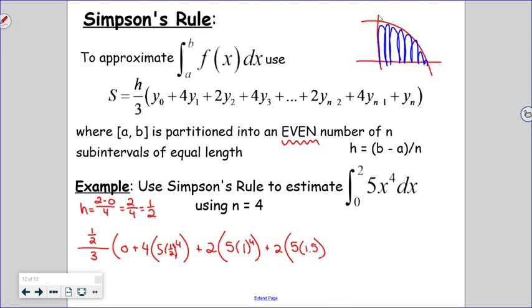Oops, I said 2. 4. Alternate. And if we move over another half, we're at the end of our interval. That would be the last of our 4 equal intervals, which means I don't multiply it by anything. I would plug 2 into that last time.